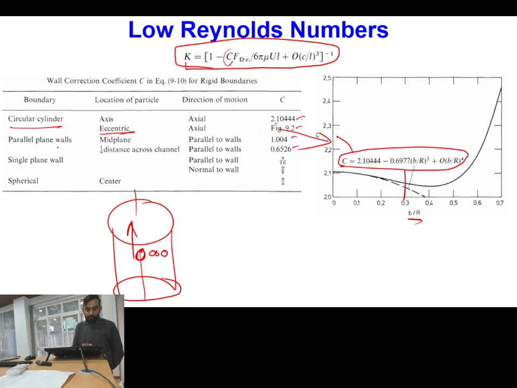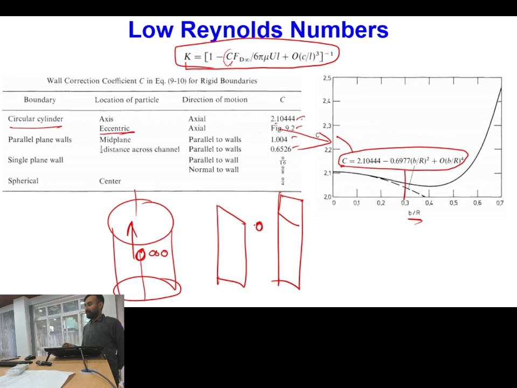And if you have two parallel plane walls, so say flow is happening and confined by two plane walls like plane Poiseuille flow, and the particle is present exactly at the mid plane and the flow is parallel to the wall, then the value of C will be 1.00.